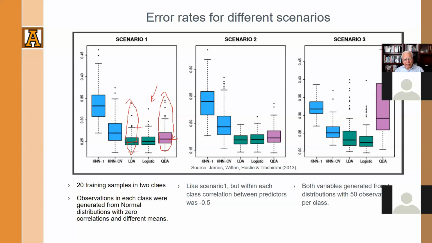The other two are KNN with K chosen by cross-validation, and KNN with one nearest neighbor. As you can see, that has the worst performance of all these classifiers.